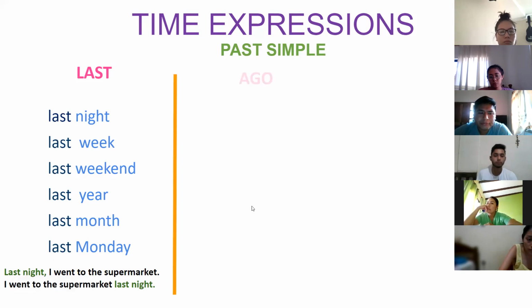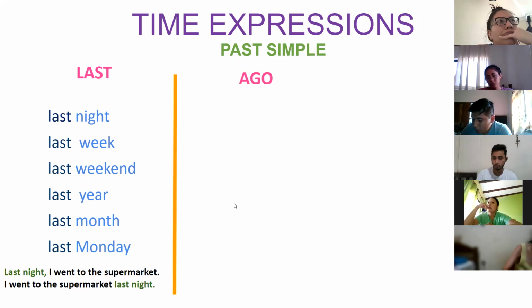Then we have this other time expression with ago. Do you remember any with ago? Years ago, yes. What else? ¿Qué más podríamos decir? 2 days ago, weeks ago, right?